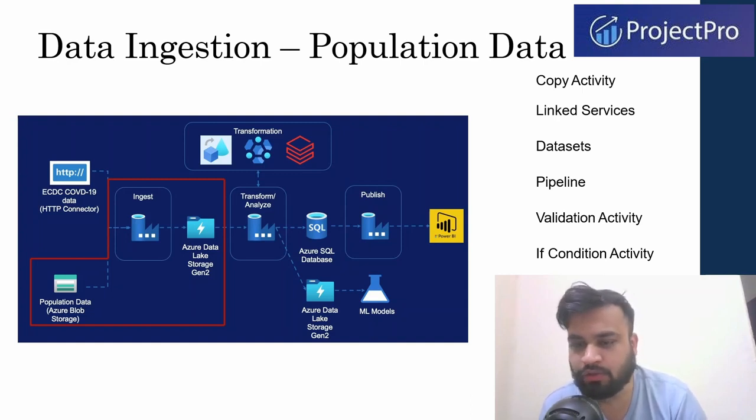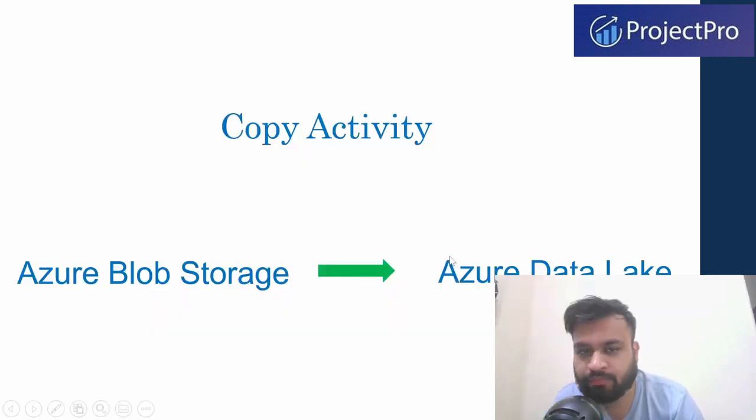We are also going to discuss the validation activity, then the if condition, the web activity, and the delete activity. And at last, we are going to discuss how to utilize triggers to automate our pipeline and all the workloads. We are going to create a trigger so that our pipeline will be automated as per the orchestration we have defined.